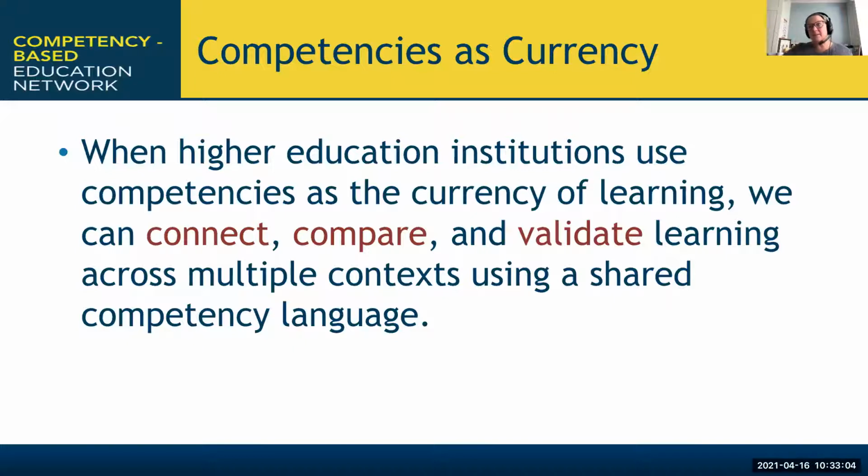But what happens if they developed a skill set in their work-based environment that rises to the level of a college level performance, meets your criterion referenced assessment guidelines, right? How can I give them credit for that if they didn't sit in my class?